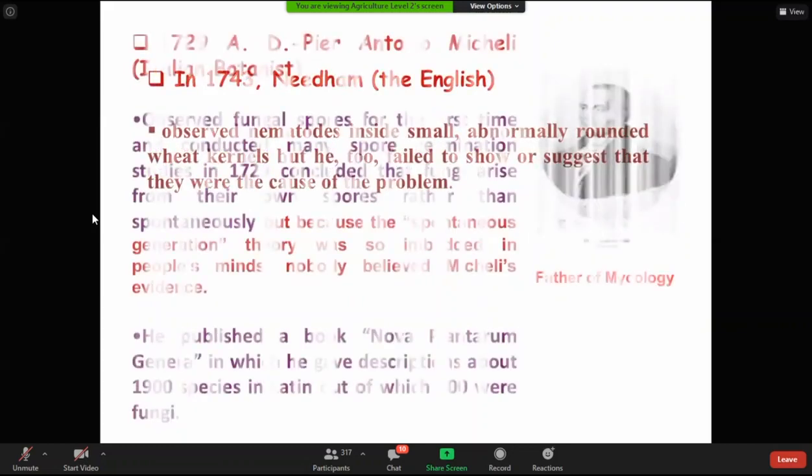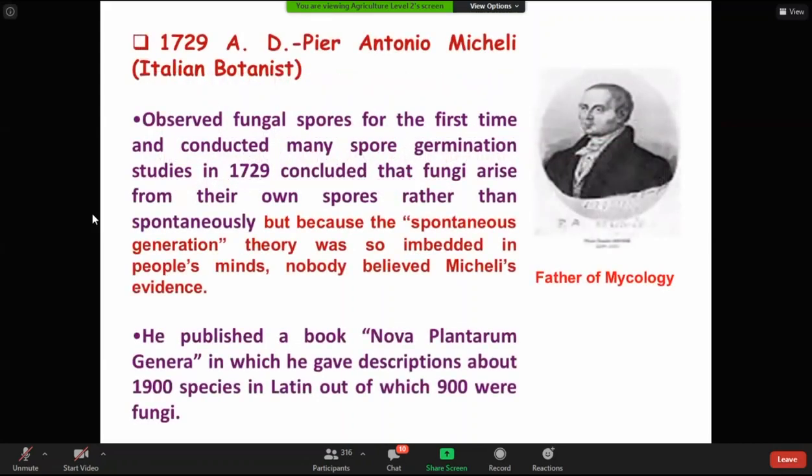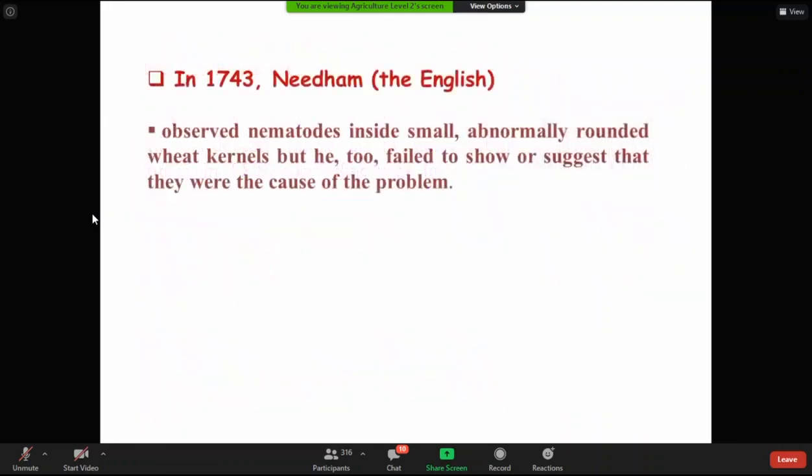Then you see 1729, 1743, how many years? 14 years, you are right. Who is the scientist? Needham, the Englishman.